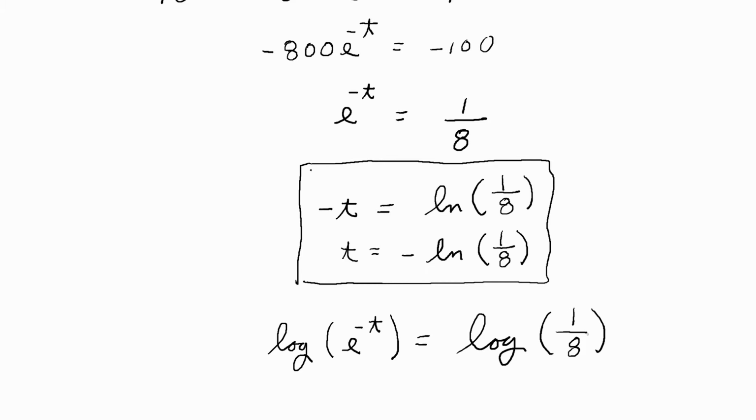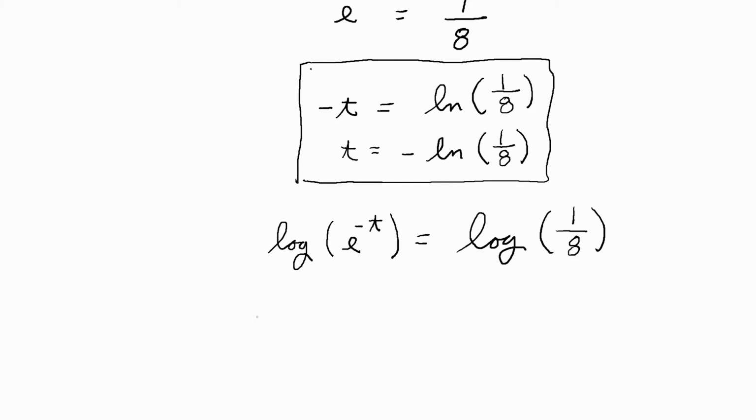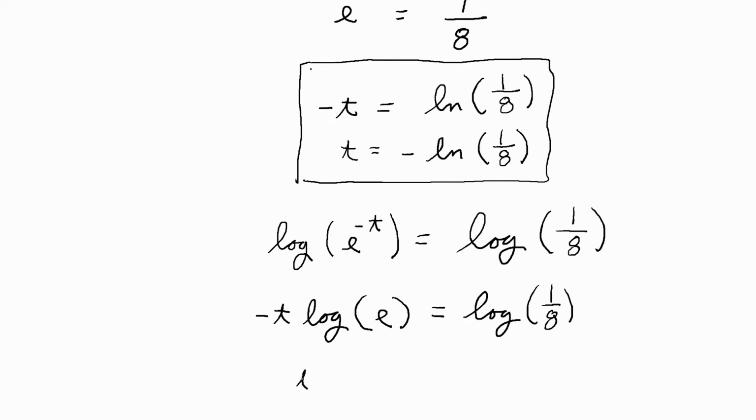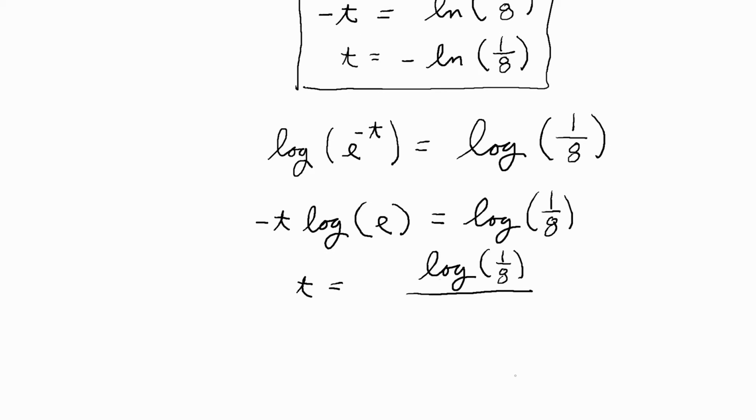Now I can use the properties of the logarithm function to get minus t times the logarithm of e, which is very strange to look at because it's not 1, equals the logarithm of 1/8. So t eventually is equal to minus the logarithm of 1/8 divided by the logarithm of e.